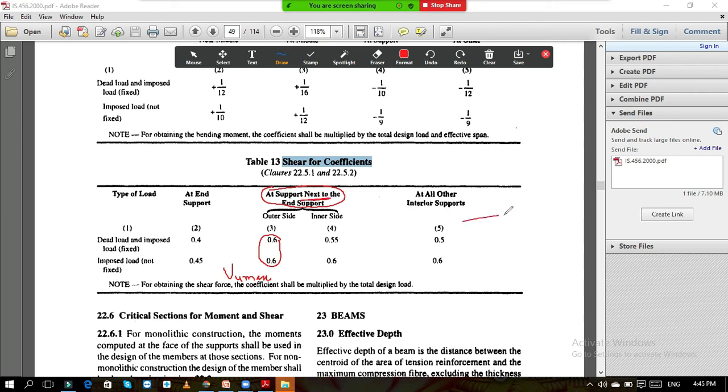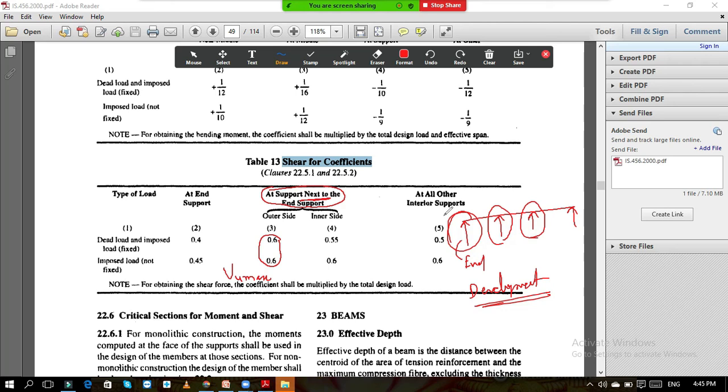So if your slab is a continuous slab like this, this value 0.6 is next to the end support. So these are your end supports. Next to end supports means here these values are calculated. But now for development length, it is always at the end support. Are you getting my point?